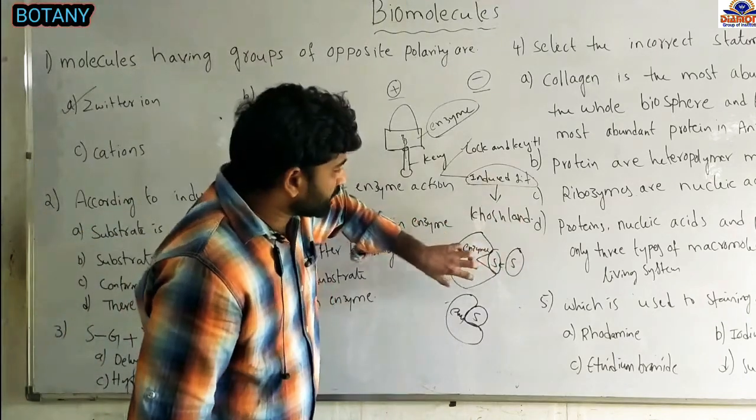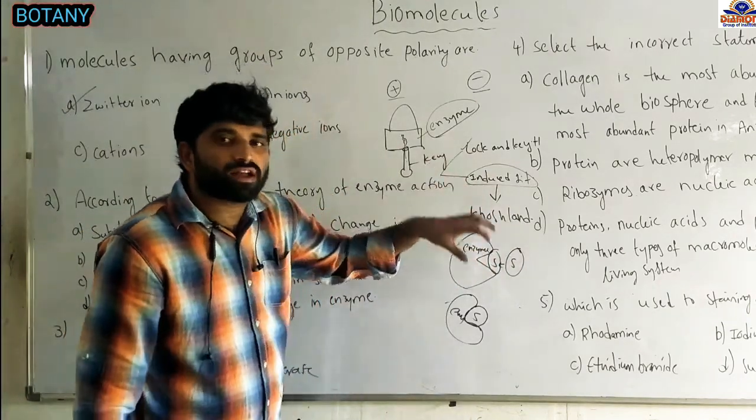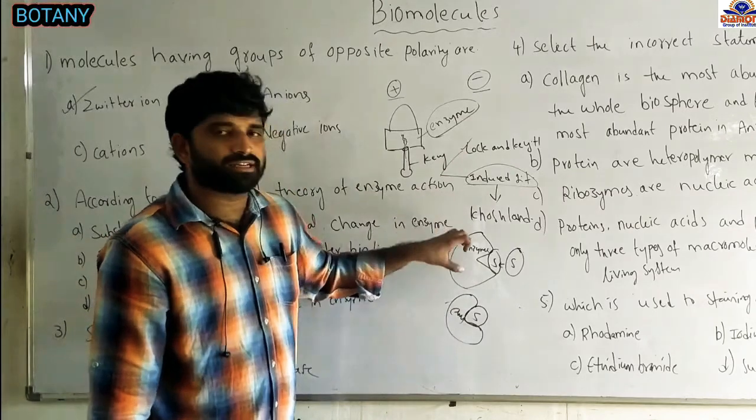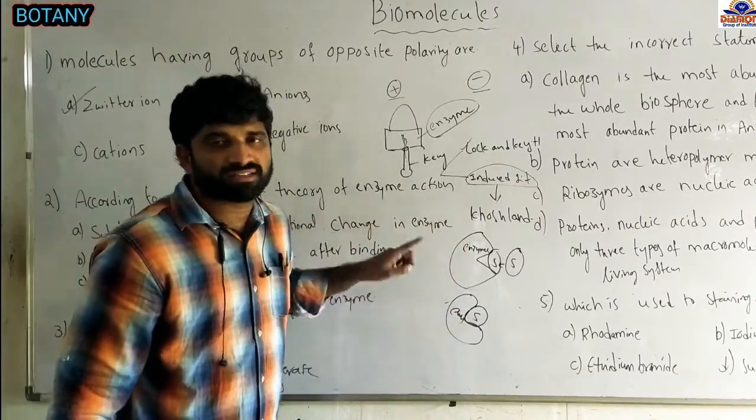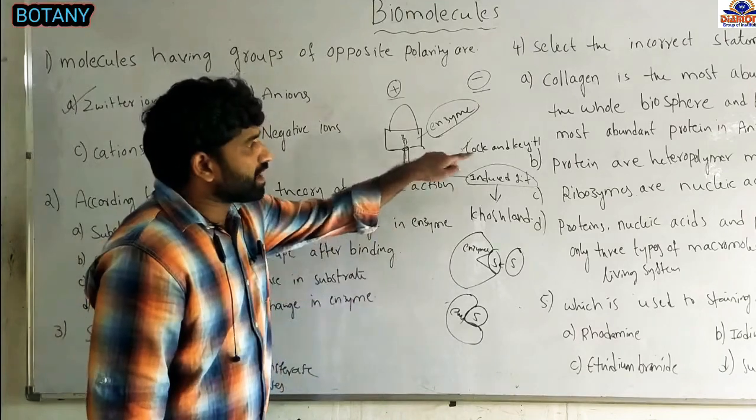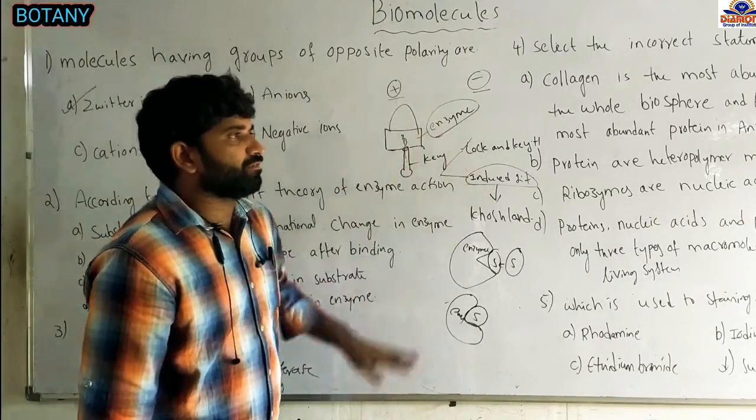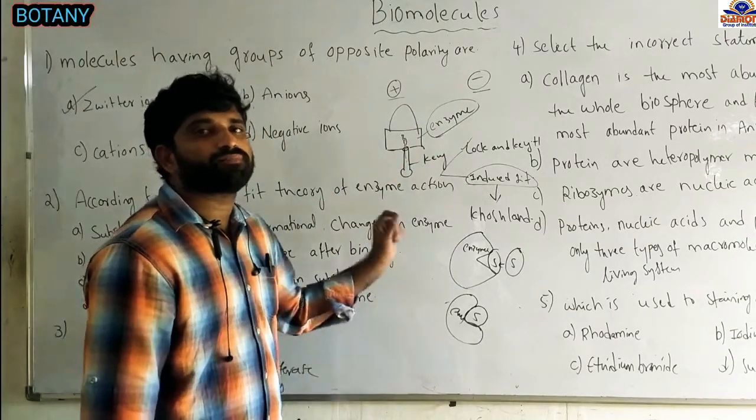If the substrate binds, then according to the structure of the substrate, conformational changes take place in the enzyme active site. That is called the induced fit model. But in the lock and key model, such conformational changes do not take place. Those are permanent.